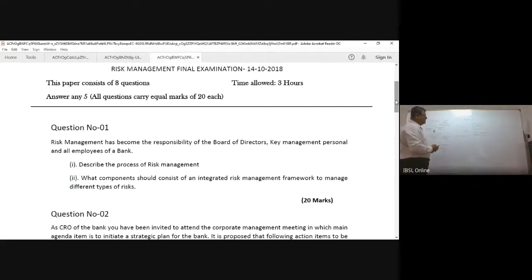Then structure. I drew up something called three lines of defense. In the three lines of defense, we include the business, risk management, and audit.